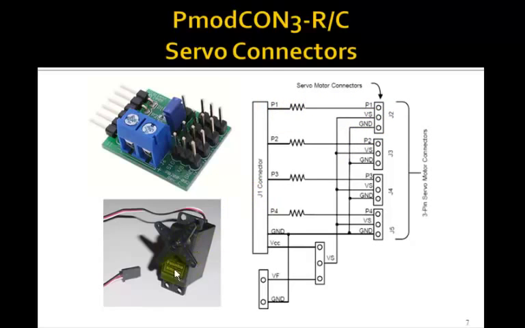Again, you should use a separate power supply for the servo. That would be connected to here. It could be a battery or some other power supply. And this jumper you would move to here to make sure that the voltage going to the servo, this VS and ground, that is the red and black connector, get connected to the external power supply.